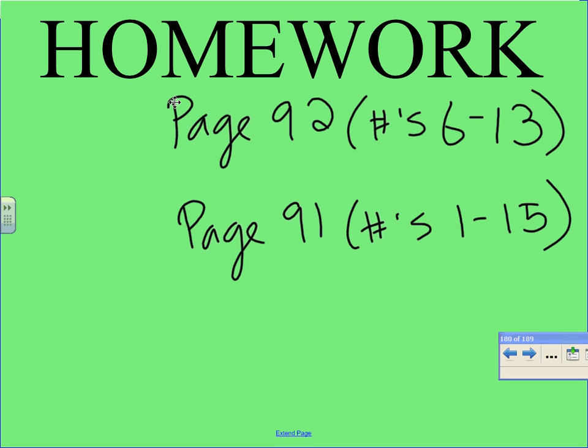The only ones that you might be a little confused on are numbers 1, 2, and 3 on page 91, but I want you guys to try to figure it out. If you're a little iffy on those, just remember that I warned you about that. I know a couple of you might be asking me tomorrow, but that's okay. So just those 2 assignments.